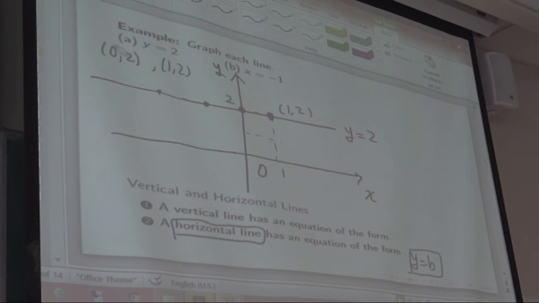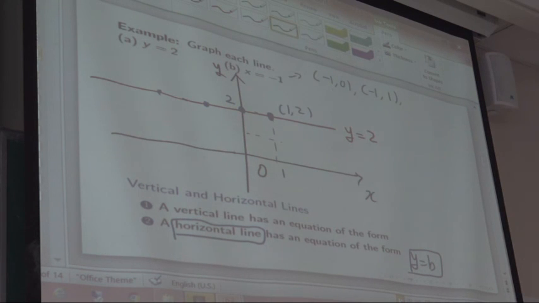Now let's look at the second one. X is equal to negative 1 means there is no y value. Y can be anything, right? So y can be 0, or y can be 1, or y can be 2. But we don't need more than two points, right?